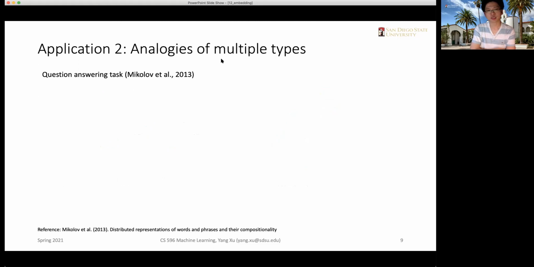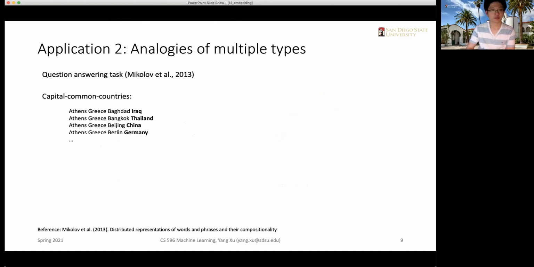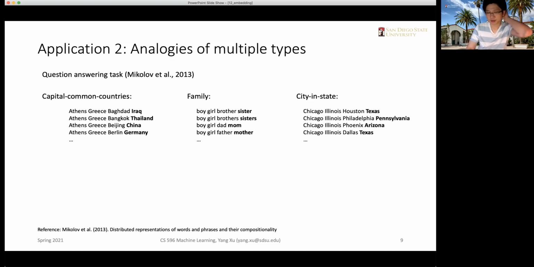These analogies can apply to multiple types of words. In the first work proposed by Mikolov, they provided a bunch of very interesting examples, like word embedding vectors can be used to make analogies between capital cities and countries, family members, and cities in the States.